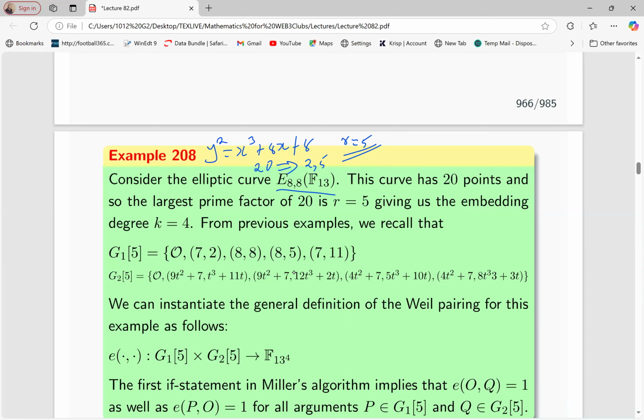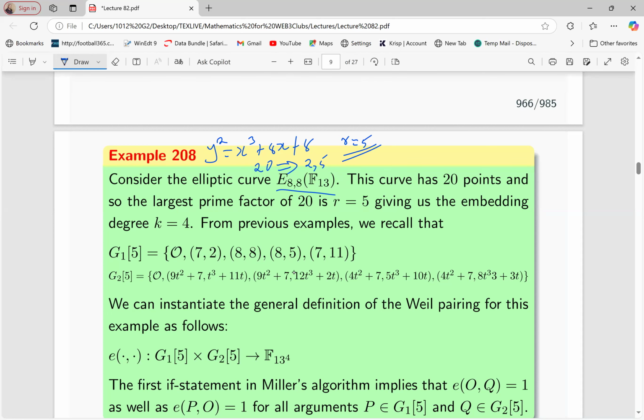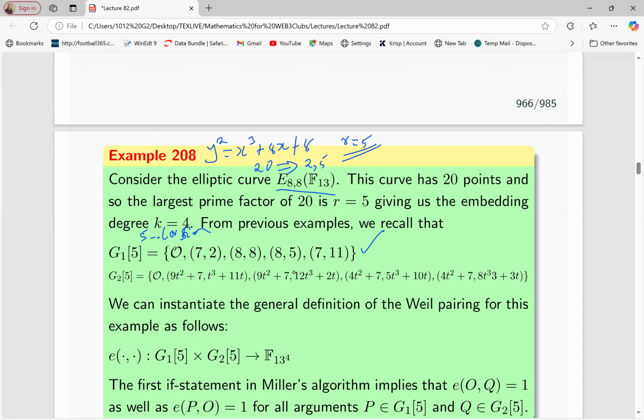Last time we found the 5 torsion group as this. And we also discovered the second group, where supposing point P is (x, y), then this can be written as x raised to 5.